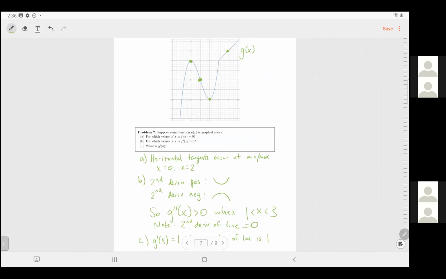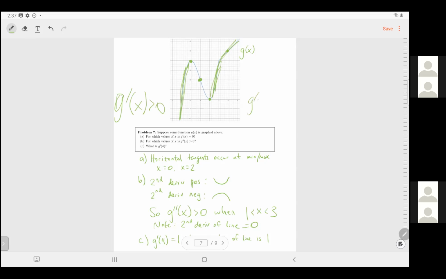All right, you probably will get a question like this, so it's good to be comfortable with that sort of thing. Also, if he asks you where G prime is positive, that would be wherever the function's increasing. So in this case, it's everywhere except that middle portion.